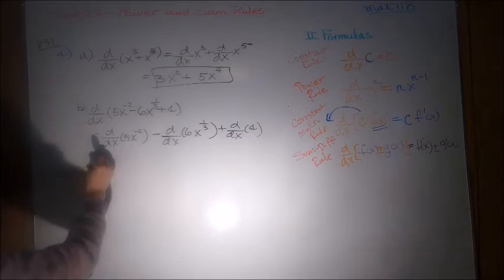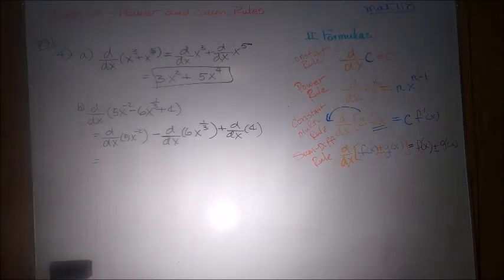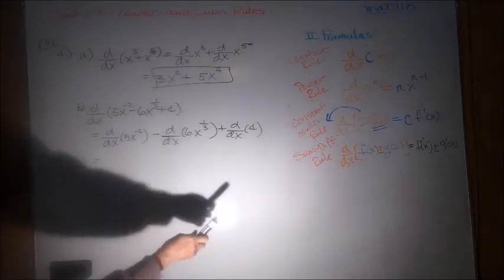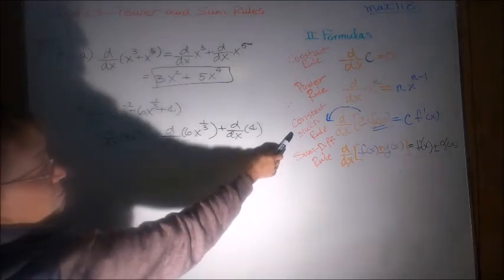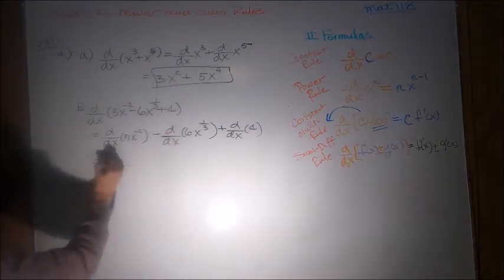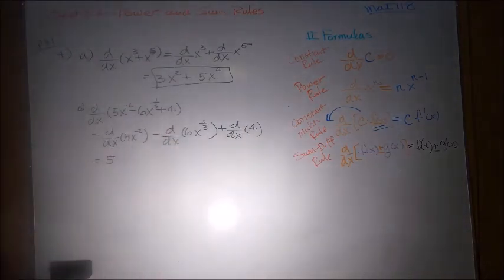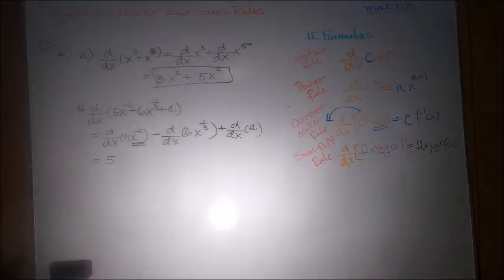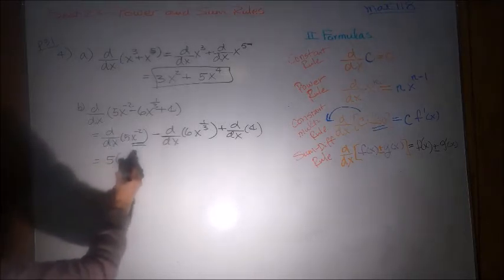Then for this one, what do we have? This one, constant and the variable, we use what? Constant multiple rule. So you move 5 outside, right? Then you take a derivative of x to the negative 2 power, which will be what?